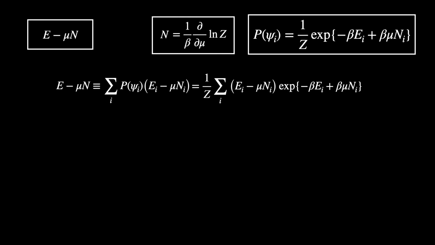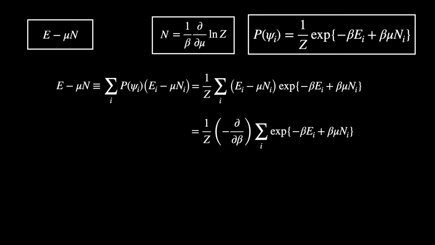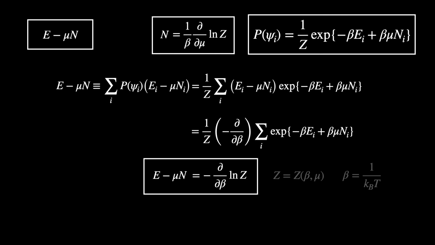We can use the same trick again to bring down Ei minus μNi, but this time taking the derivative with respect to β instead, then correct for the minus sign. And so, we have E minus μN equals minus d log Z / dβ. This is our result. Again, we see that the partition function acts like a generating function.